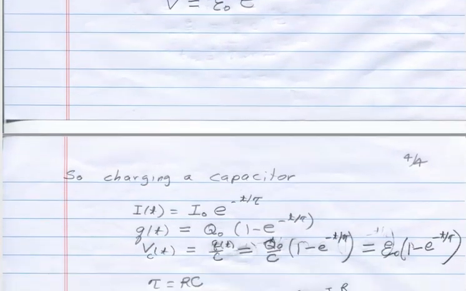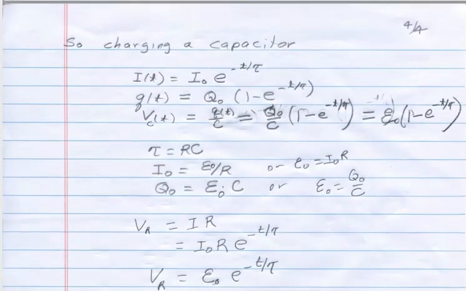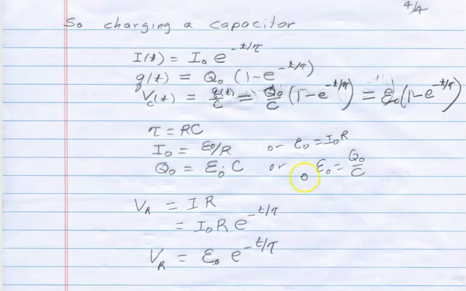Well, to kind of summarize all of this, we get the following set of equations if you followed all of that. In charging a capacitor, the current's maximum value occurs at t equals 0 and then falls off exponentially. The charge on the capacitor plates builds up.